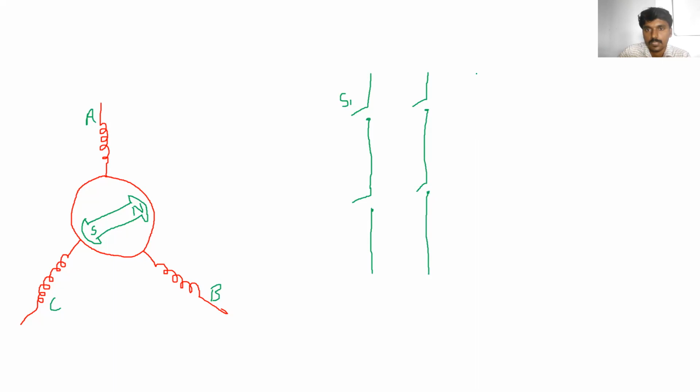Just take one more thing here, three-phase circuit. Here the power semiconductor switches are drawn like simple switches. These switches may be thyristors, IGBT, MOSFET, whatever.